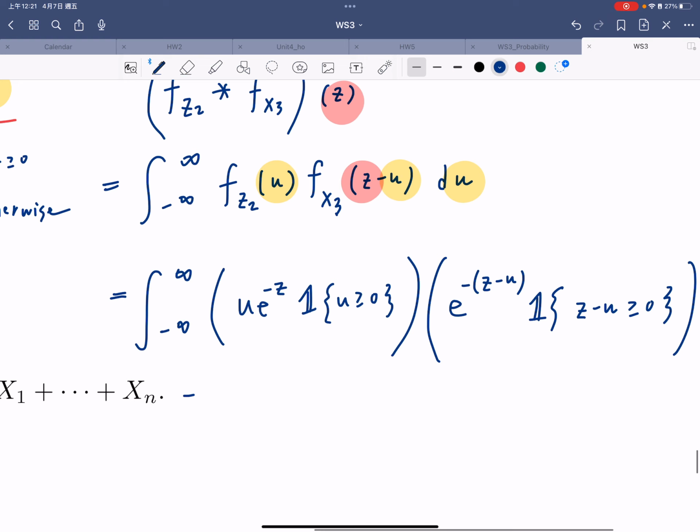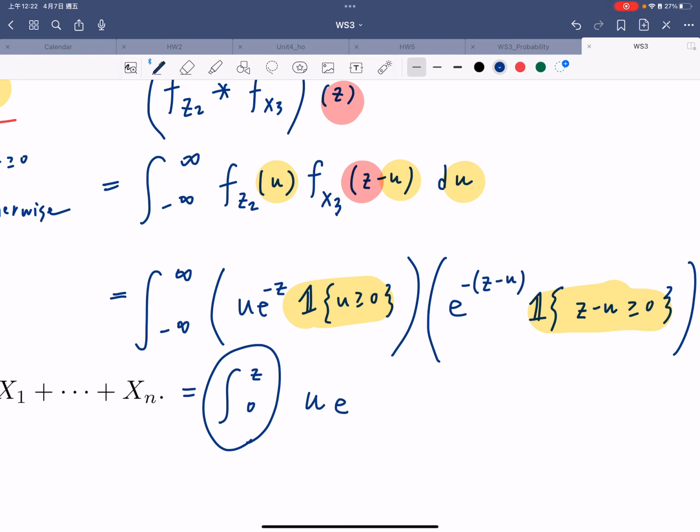Okay, so these 2 indicator functions tell you that the integration range will be from 0 to z, right? So in the same fashion, the integrand here is u exponential to the, why is there z here?